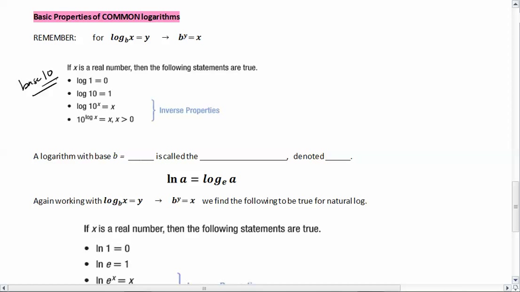So here are some more examples of common logarithms using the properties we've already looked at. If we have log base 10 of 1 equals 0, what is that saying? That's just saying 10 to the 0 equals 1. How about this one? Log base 10 of 10 equals 1. Well, that's saying 10 to the 1 equals 10. These are the same rules. We really care about this b to the y equals x, because it's the same as log base b of x equals y.